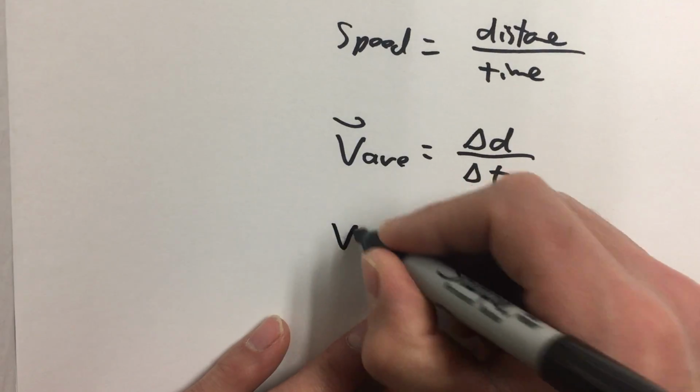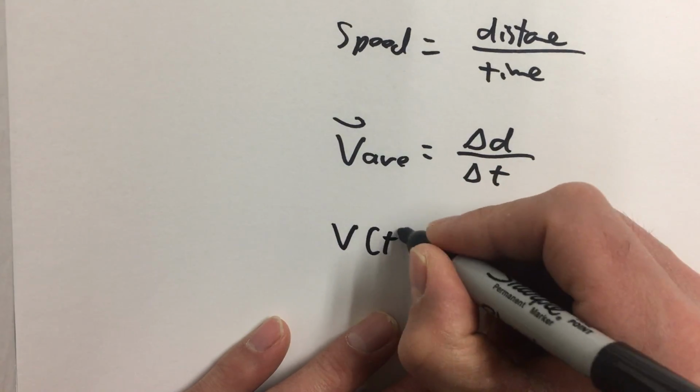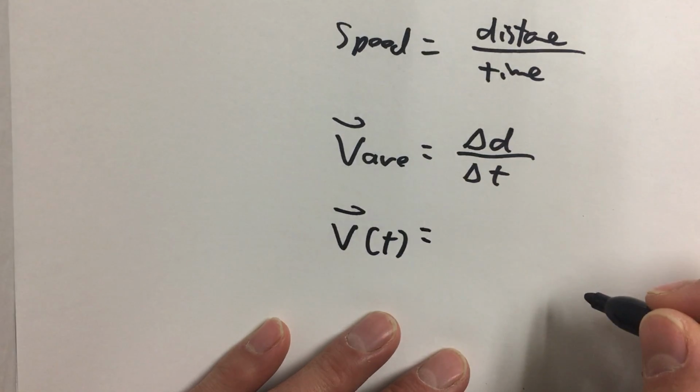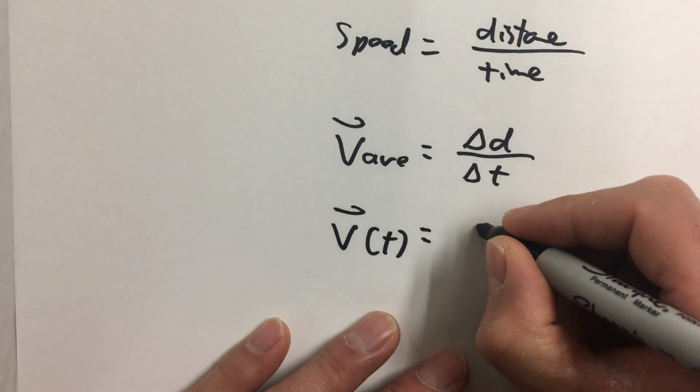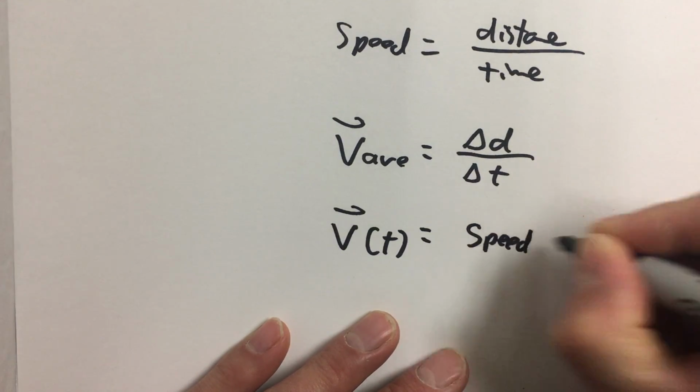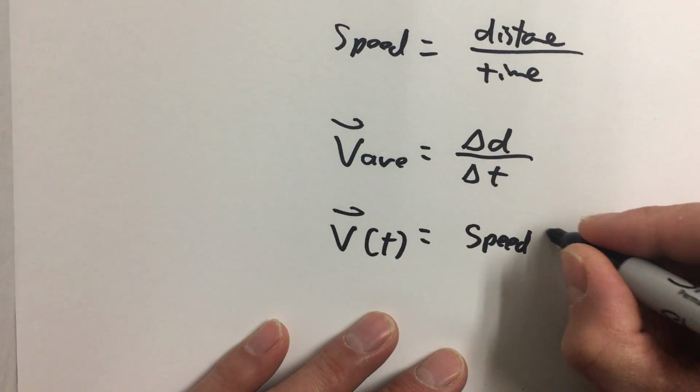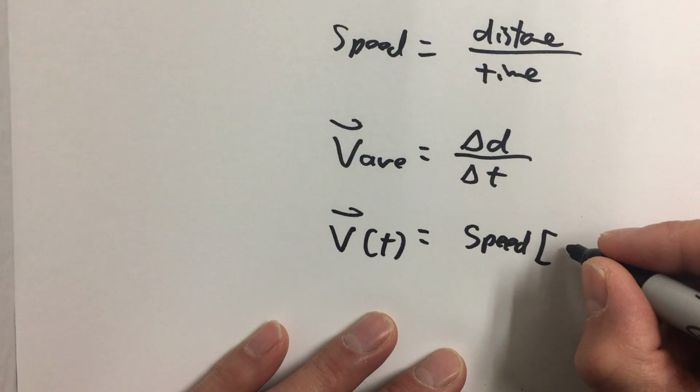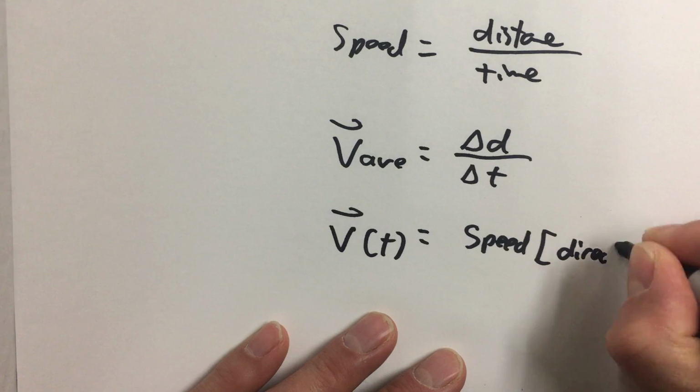And then your instantaneous velocity, how fast you're going at a particular moment, is equal to the speed that you're going at that time, while also stating the direction.